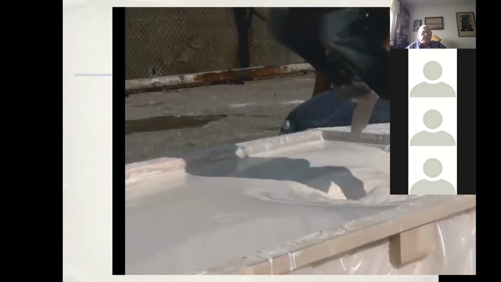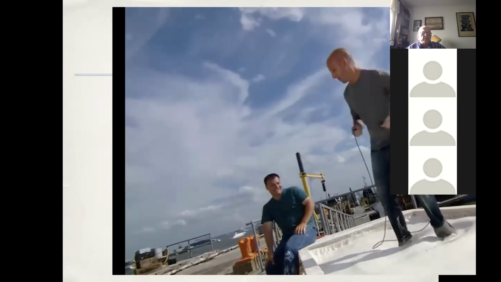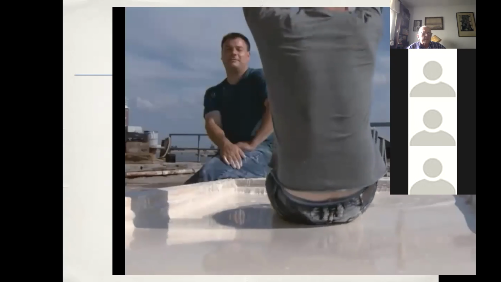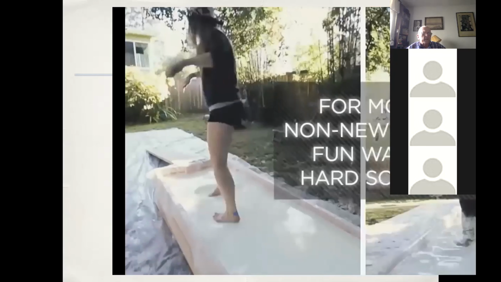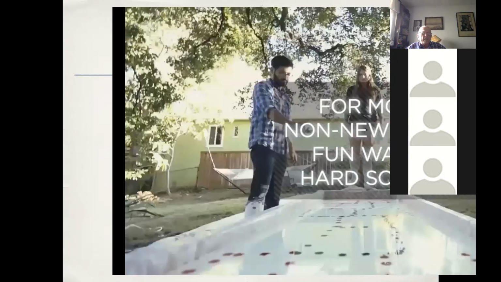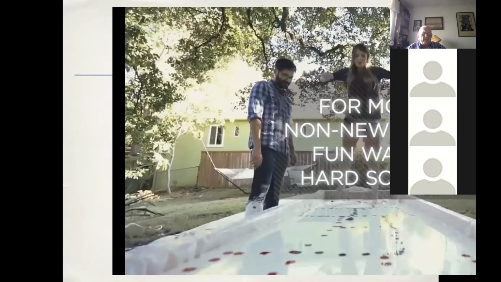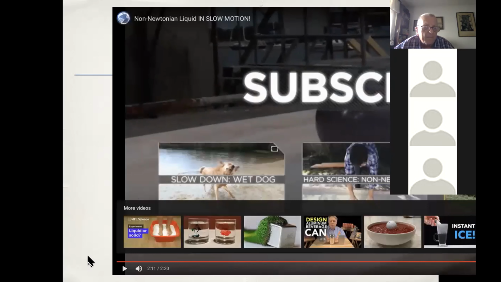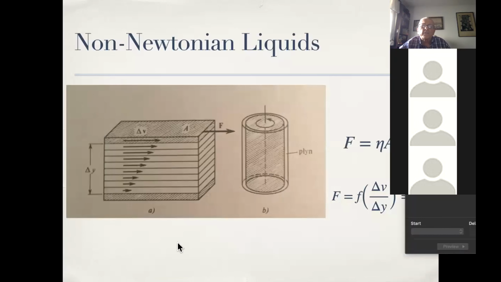Those gentlemen jump, so this is a very high frequency excitation. But now this is a low frequency excitation, and he drowns in the liquid as if it was water.